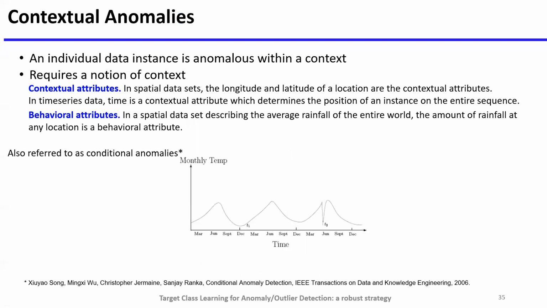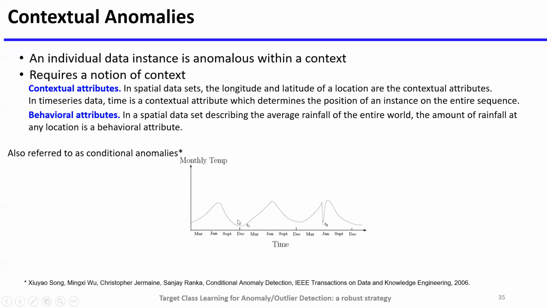Contextual anomaly means an individual data instance is anomalous within a context. So the context is very, very important.